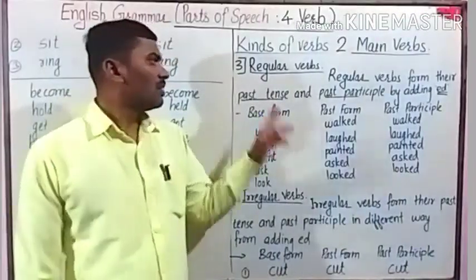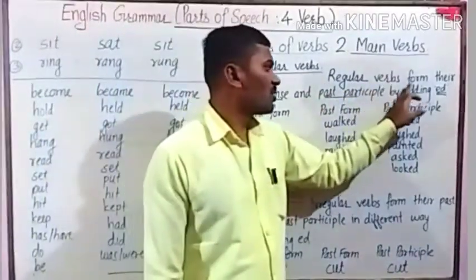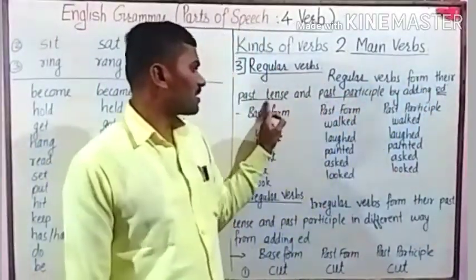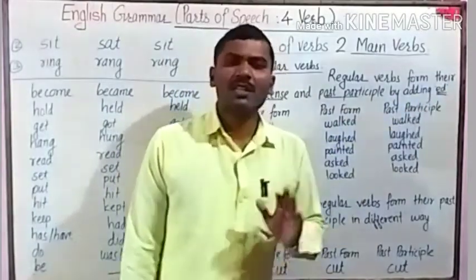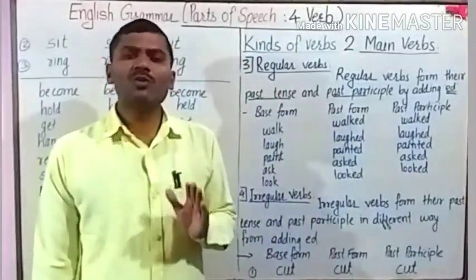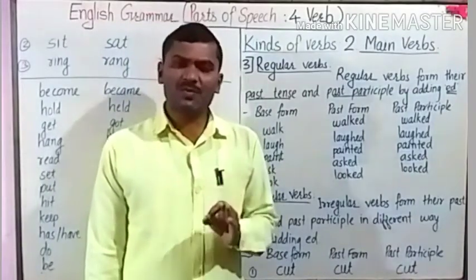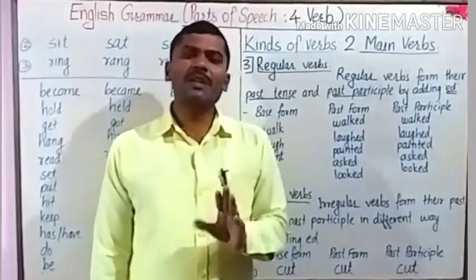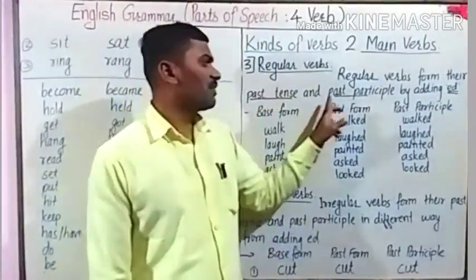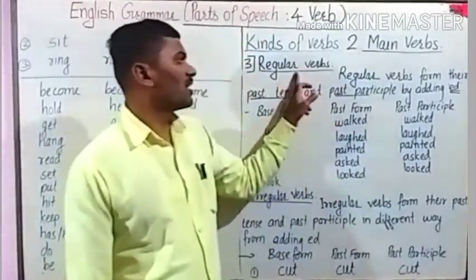Number 3, regular verbs. Regular verbs form their past tense and past participle by adding ed. It means when we want to make the past tense and past participle of the base form of a verb, we attach ed and it becomes the past tense and past participle. These verbs are called regular verbs.